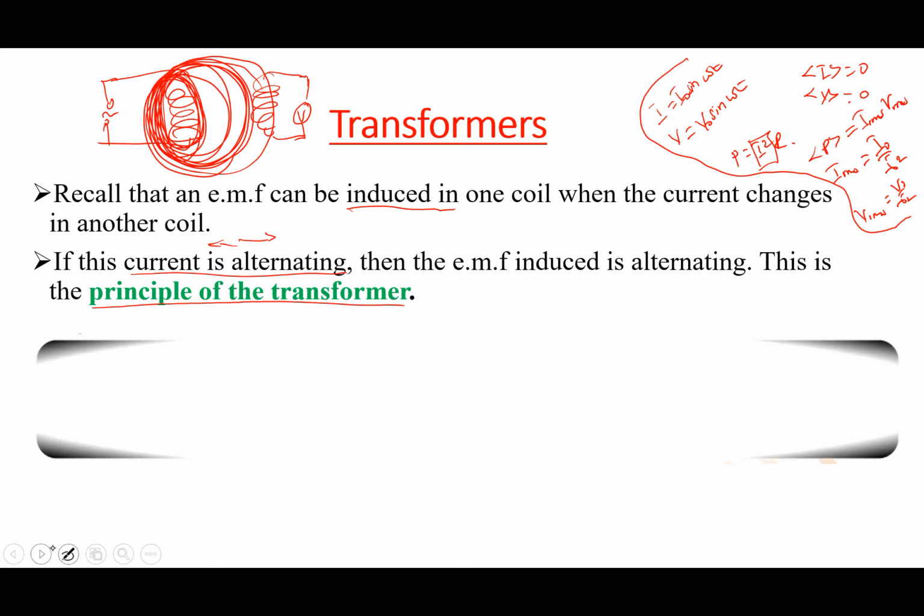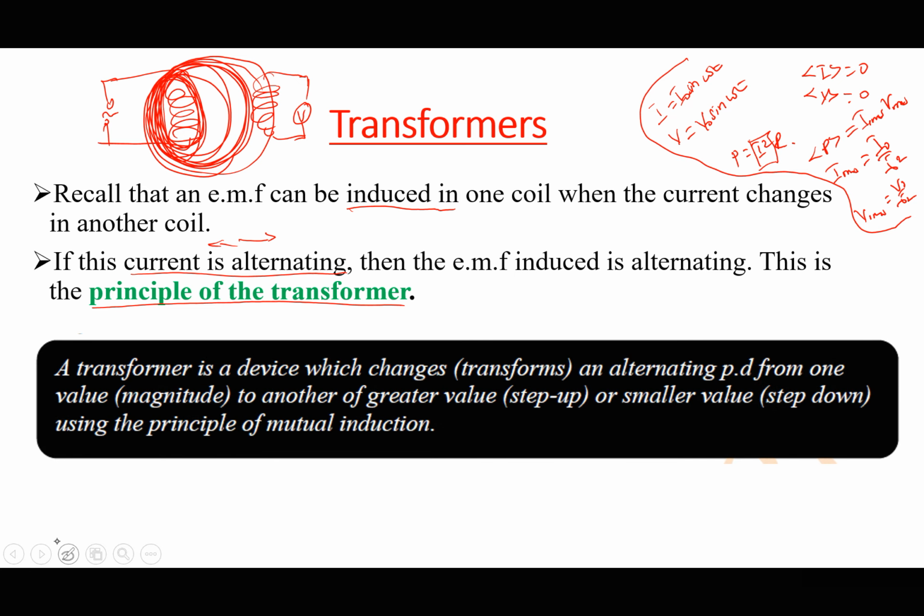So a transformer is a device which transforms an alternating PD or alternating voltage from one magnitude to another magnitude. In other words, it can change it from a smaller value to a higher value or from a higher value to a smaller value.